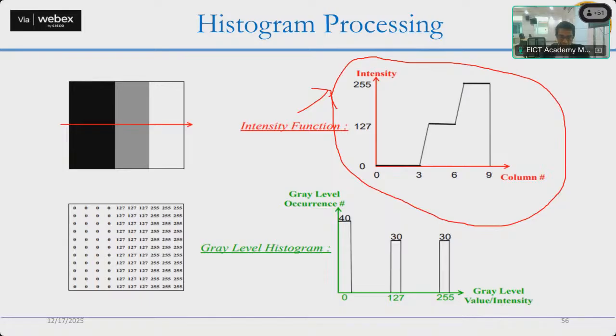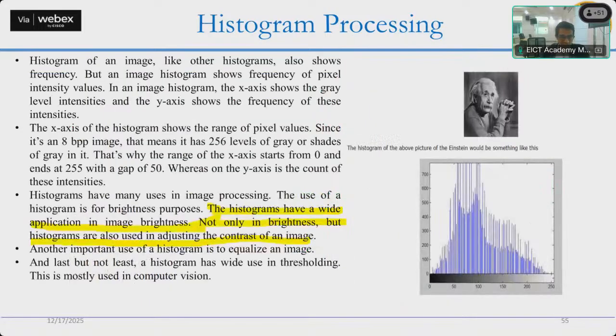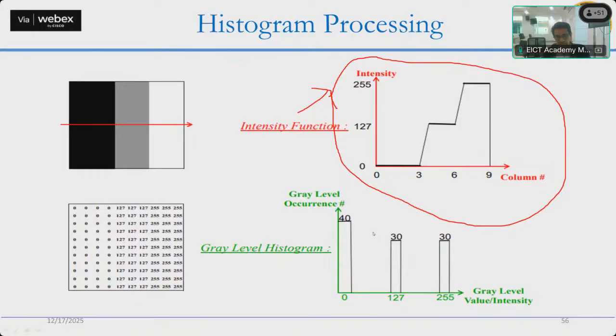As we have already discussed in the last slide, the histogram of an image, like other histograms, shows frequency or count. An image histogram shows the frequency of pixel intensity values. This is 40, this is 30, this is 30. Here it is 0, here 127, here 255.